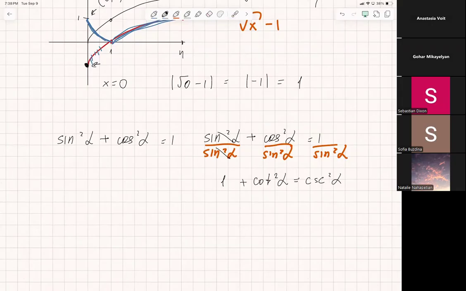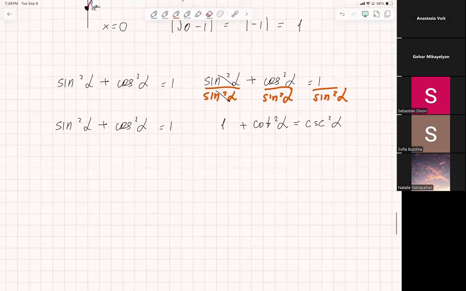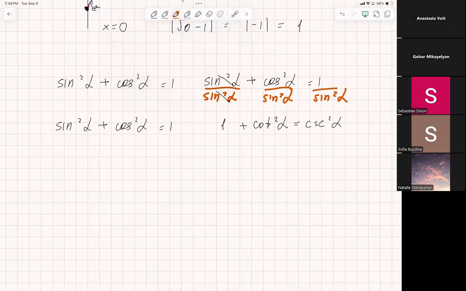Now, what if we take again sine squared plus cosine squared equals 1, and this time we want to divide by cosine squared alpha, cosine squared alpha, cosine squared alpha here. So now what do we have? Sine squared over cosine squared, that's tangent squared alpha, plus cosine over cosine, that's going to be 1.